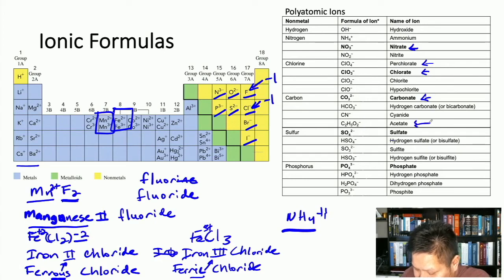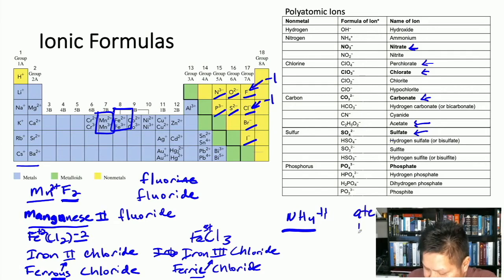C2H3O2 -1 also ends in -ate for acetate. Sulfate, SO4 2-, is also -ate. So there's a lot of them there, and most of them are going to end in -ate. Those are the common polyatomic ions. But if you have a related polyatomic ion that has one less oxygen, then the -ate becomes an -ite.